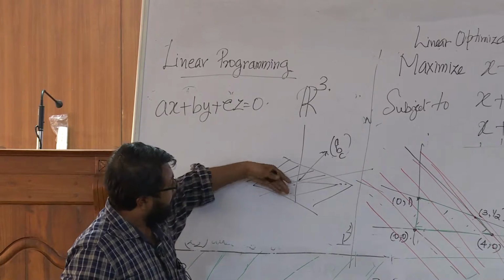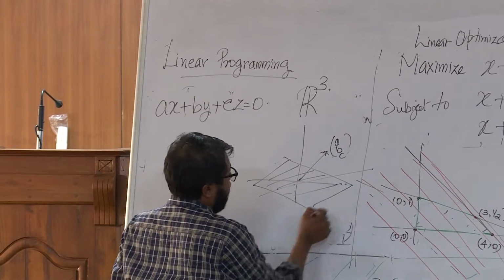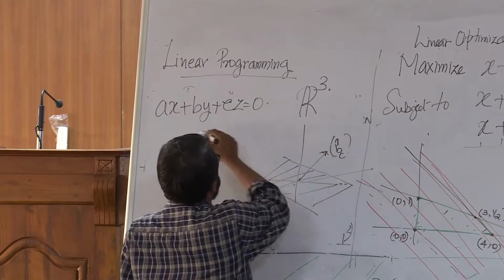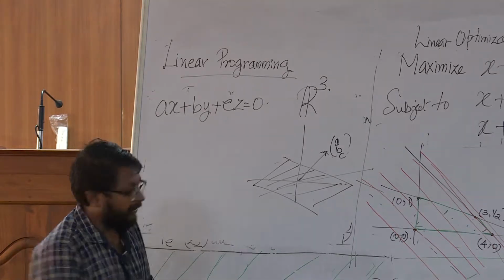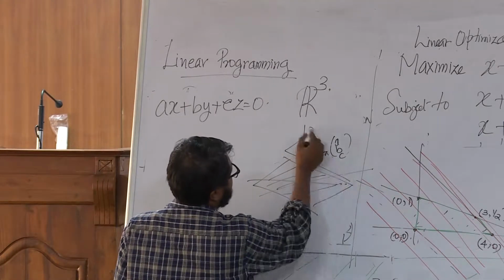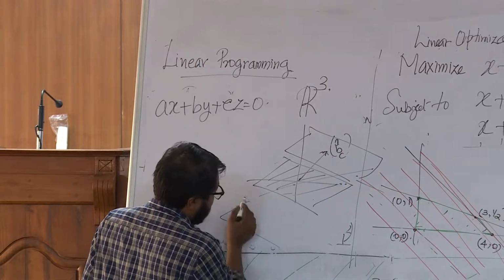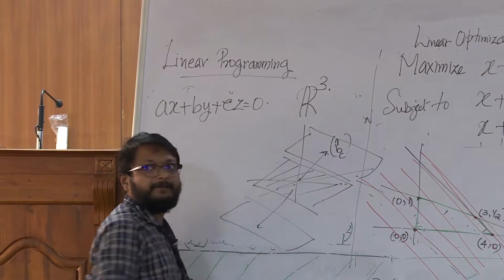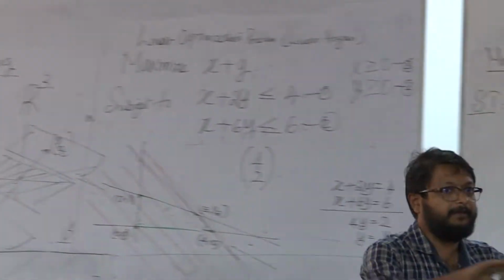On all points on this plane, the function ax plus by plus cz has the same value 0. If you shift the plane upwards, the value keeps increasing. If you shift the plane below, the value decreases, but it is the same for any point on a given plane.